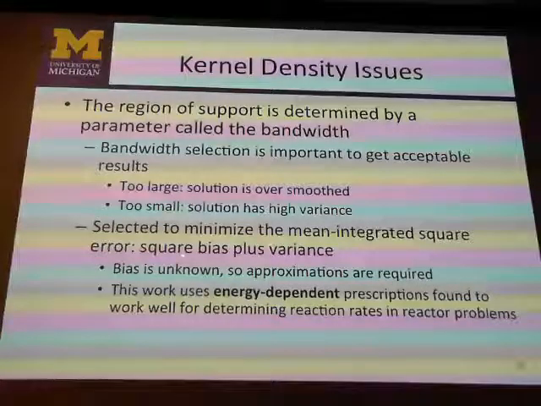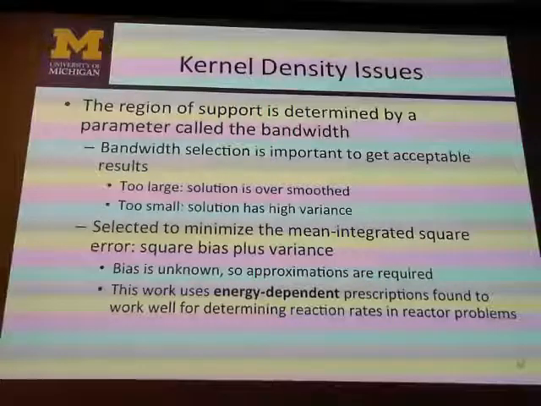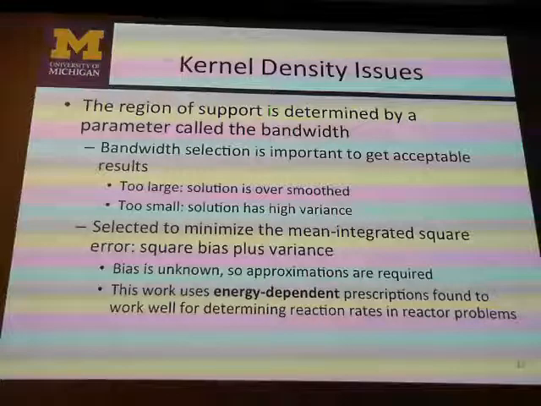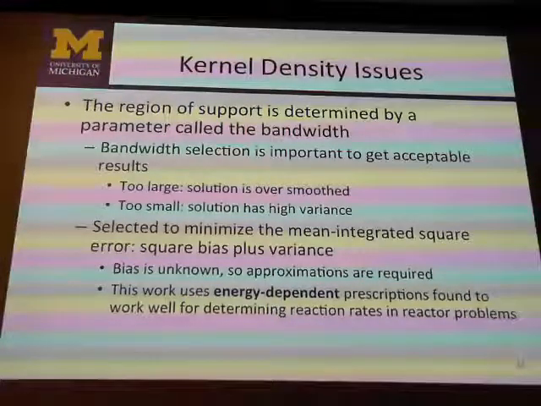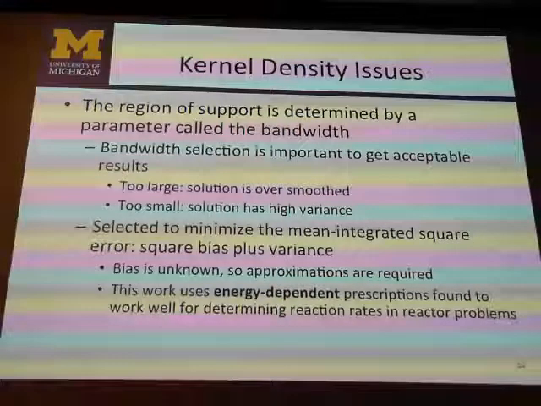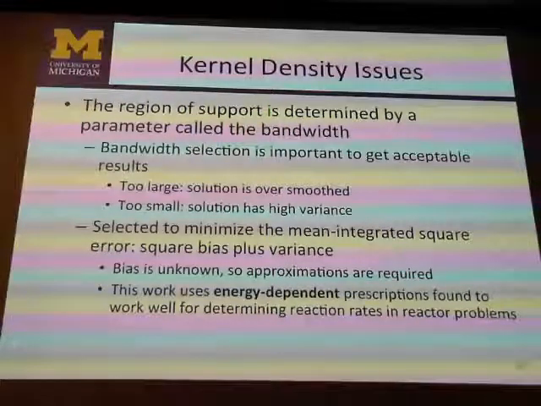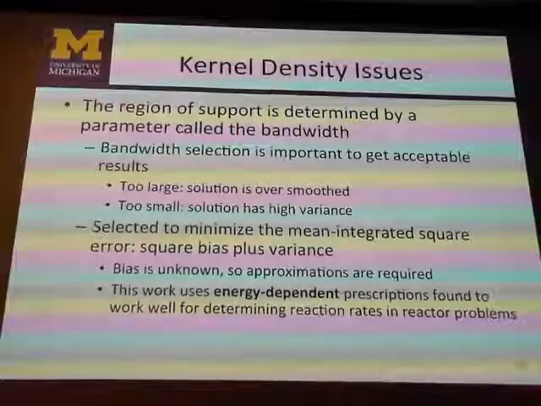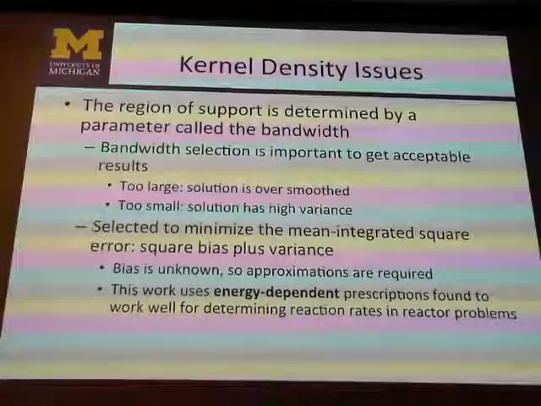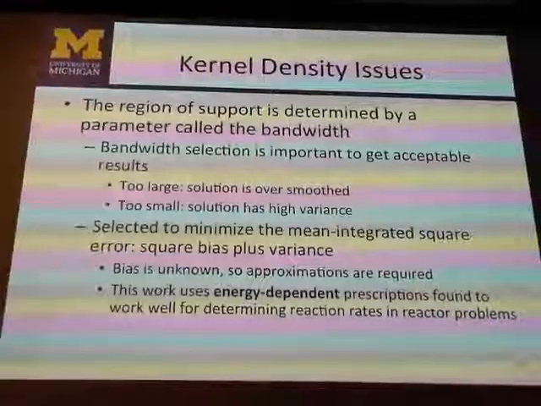So what people do is they minimize what's called the mean integrated square error, which is the square of the bias plus the variance. And then just make your calculation. Unfortunately, the bias is unknown, so some approximations are going to be required here. The bias is also unfortunately a strongly energy-dependent function for neutrons.